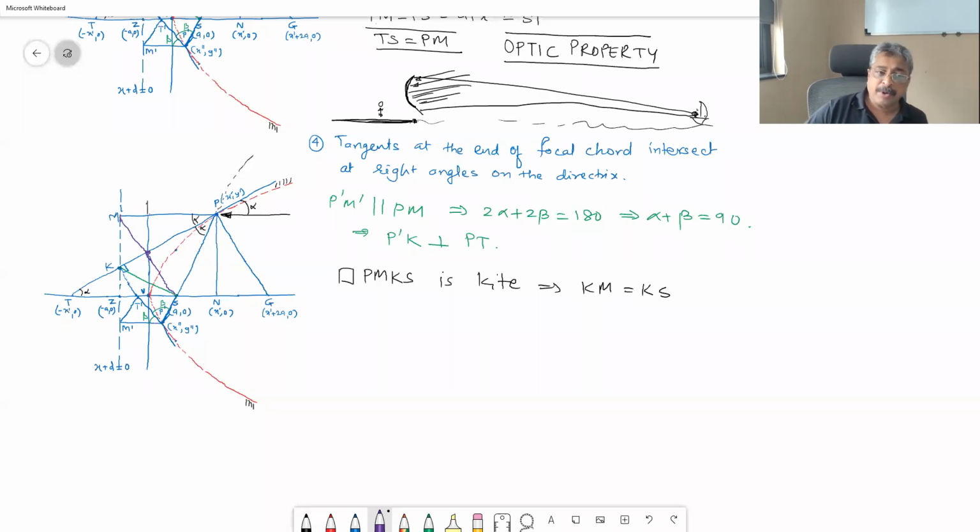Similarly, quadrilateral P'M'K'S is a kite, and therefore, if possible, the other tangent P'T' intersects the directrix at K', then we get the relationship K'S is equal to K'M.